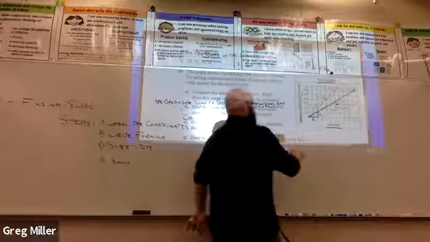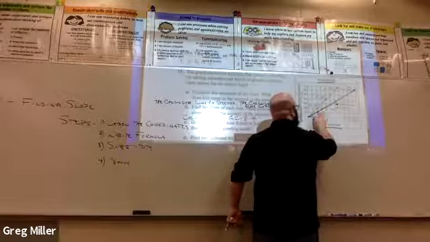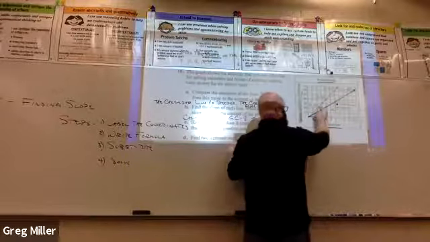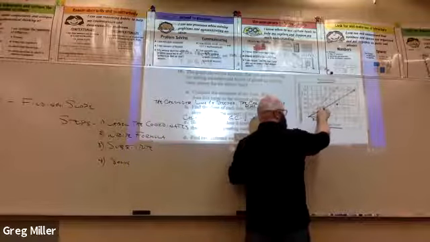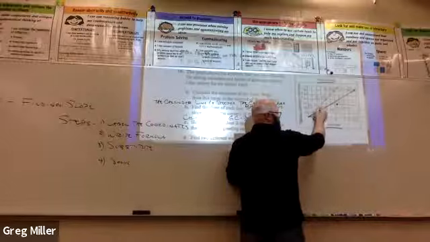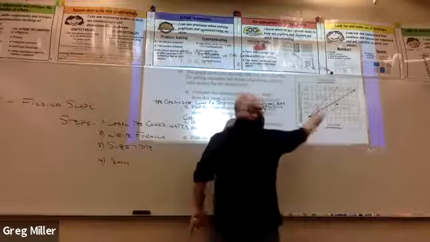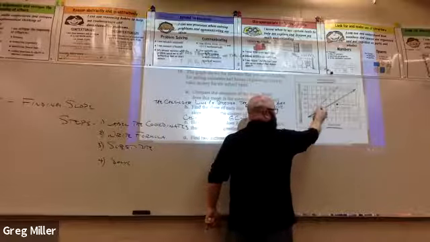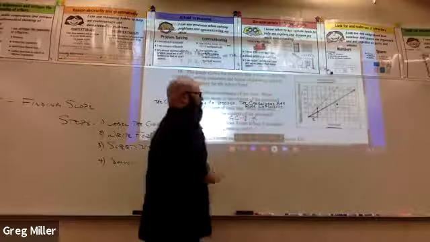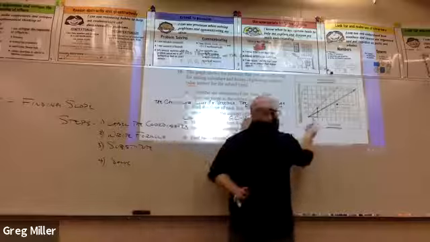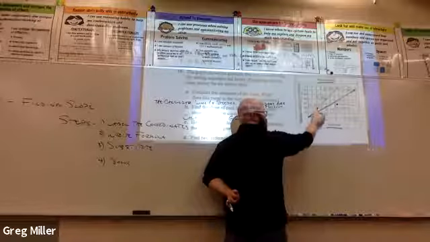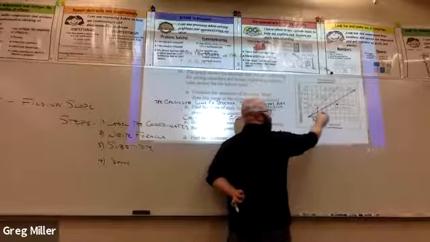I'm going to erase this, or you can just extend it up. So now I'm going to drop down my vertical line from my second point for my calendar. My run is the same, it's 2. What's my rise? 20.